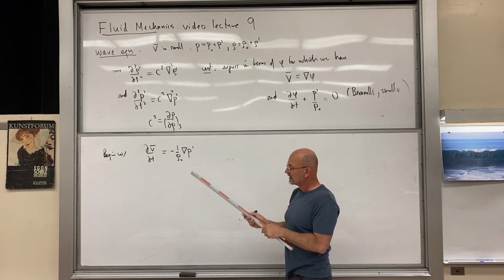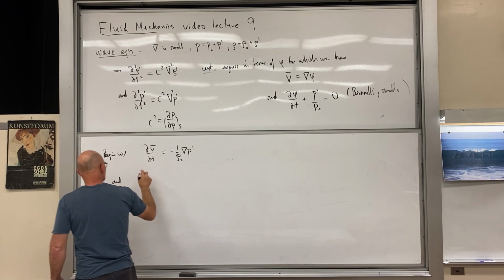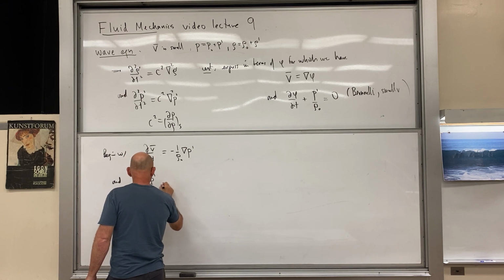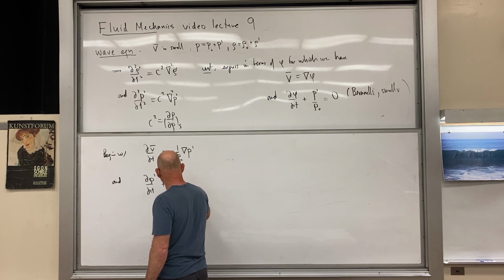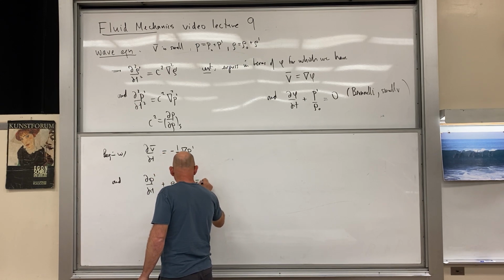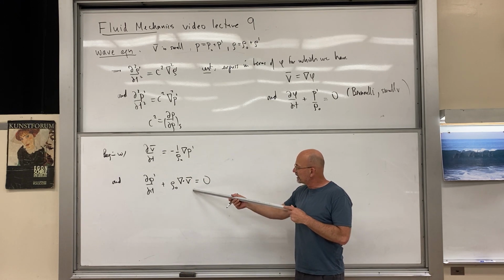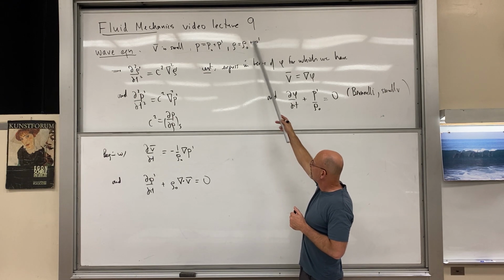Velocities are small. And d rho prime dt plus rho naught divergence of v is equal to 0. So these are, again, the Euler's and continuity equations under this assumption of small velocities that we had last time.